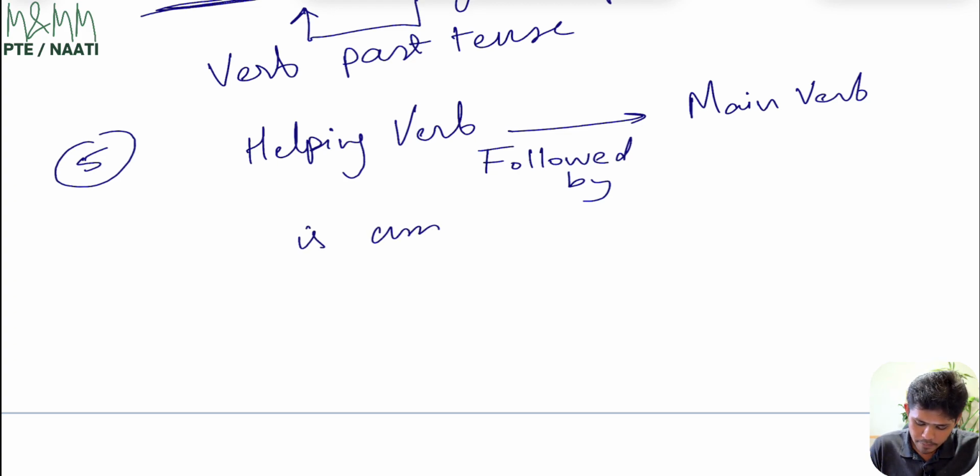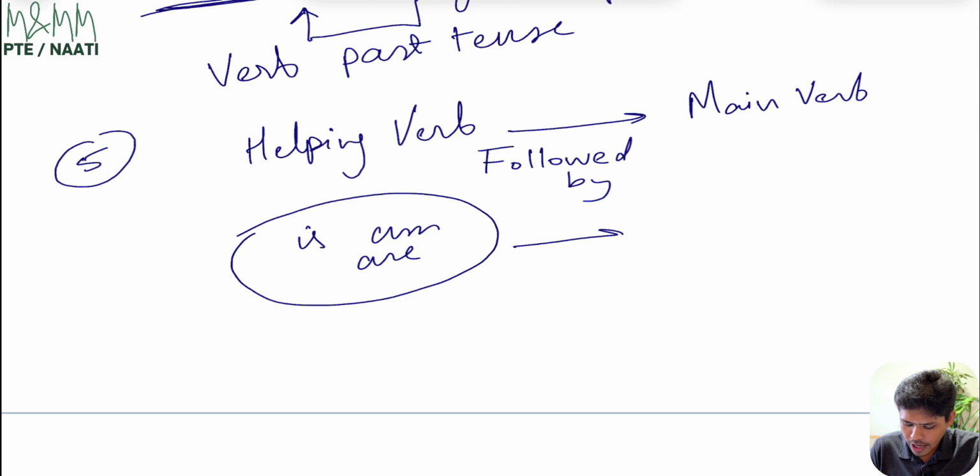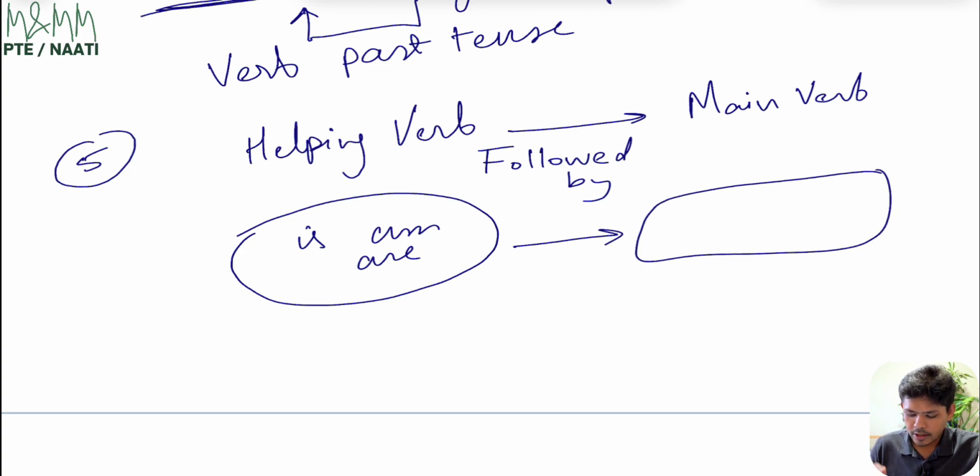Is, am, are, was, were, should, have been. These are different types of helping verbs. Now if you have a helping verb, it has to have a main verb following it. What do I mean by following it? A helping verb is always followed by a main verb.